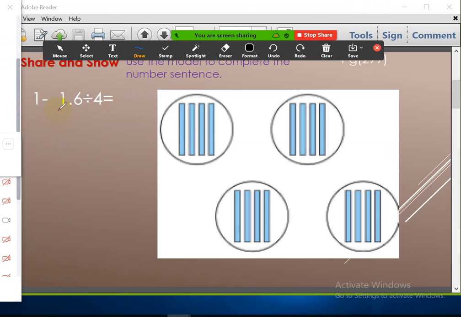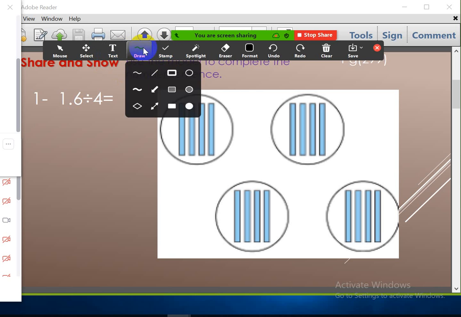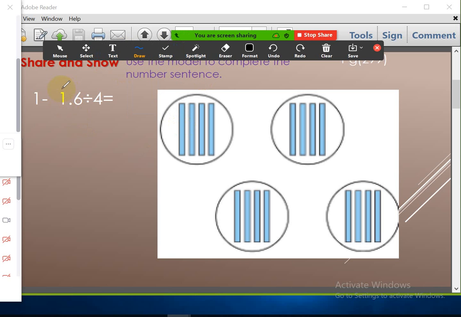Look at this number, 1.6 divided by 4. I want to divide 1.6. You remember that in a decimal number, the tenth will be represented as a long, right? So I have here 6 longs and 1 flat.